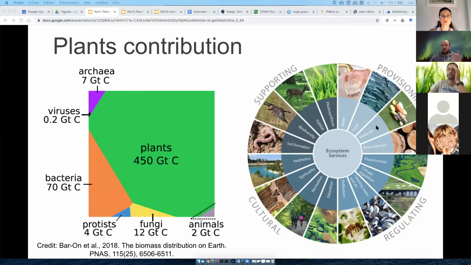They are also at the origin of a lot of raw material that we use for construction, for example. They participate, among other things, in flood control, climate mitigation, and soil formation. So this short list alone illustrates why plant species are so important for us and why it is extremely important to conserve them in the long term for our subsistence.